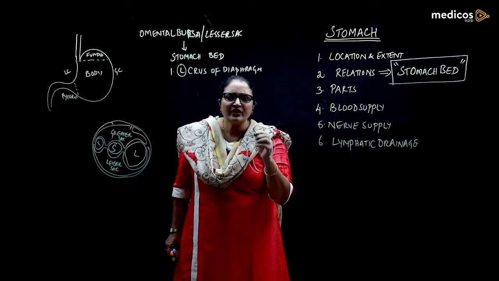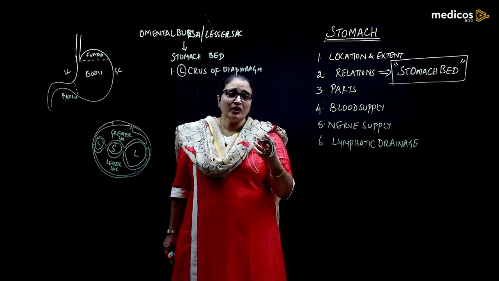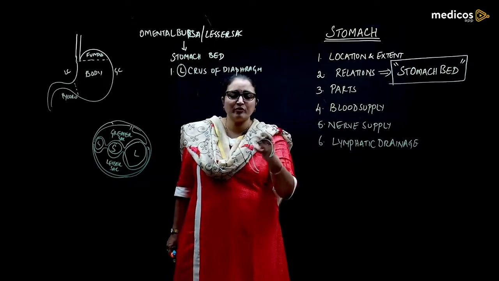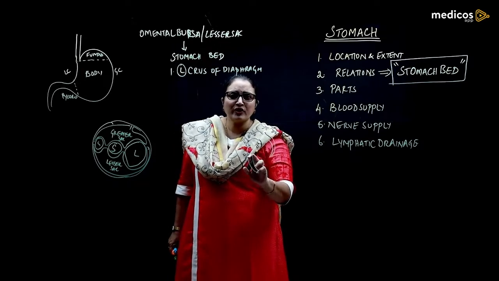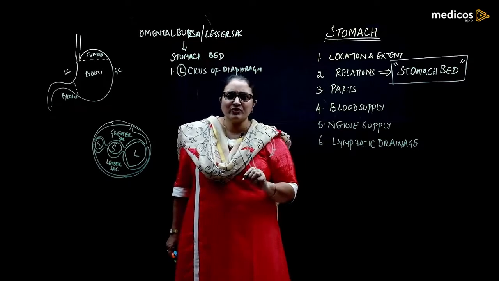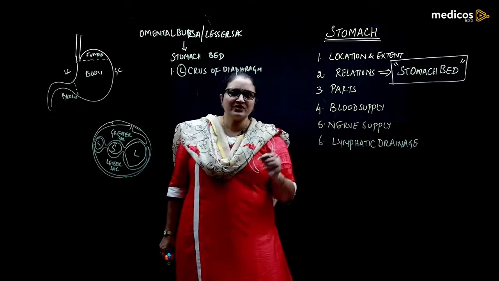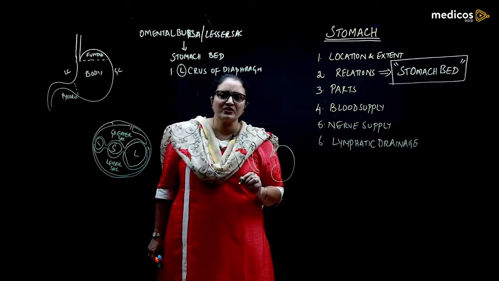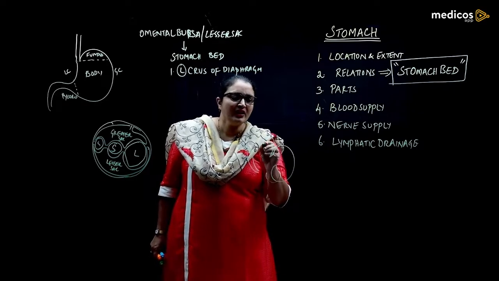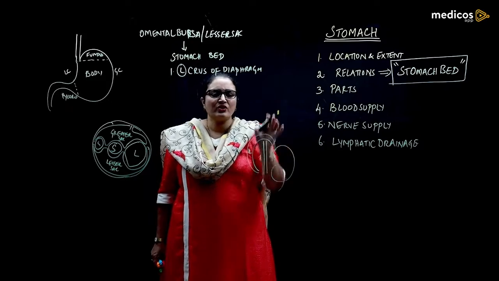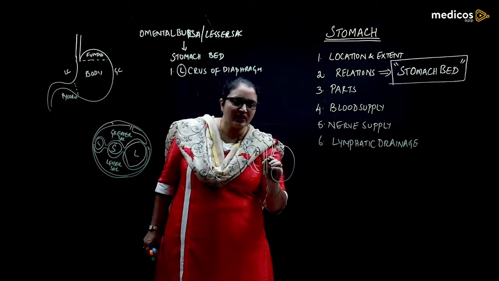If you recollect the diaphragm video, it will be clear: there are two crura, left and right. Just related to it you have the left kidney, very closely, and in the middle you have the abdominal aorta, the thoracic aorta continuing as the abdominal aorta.